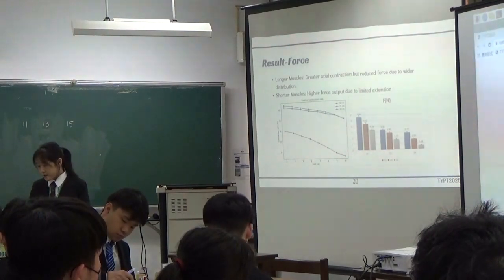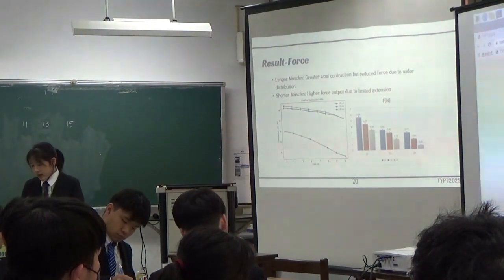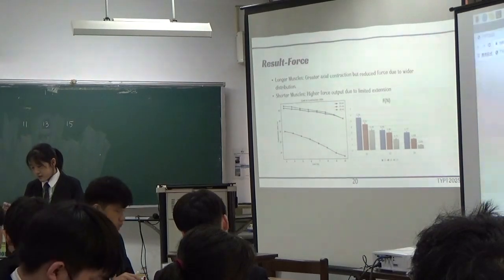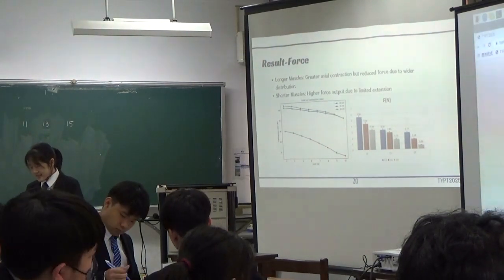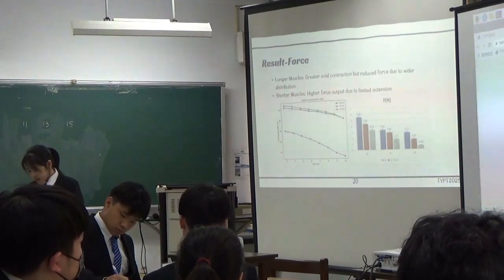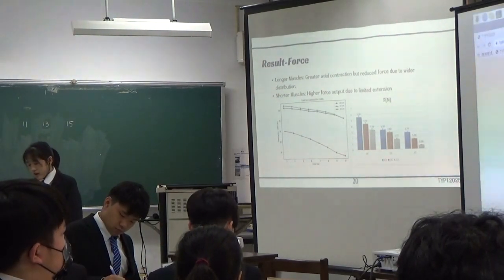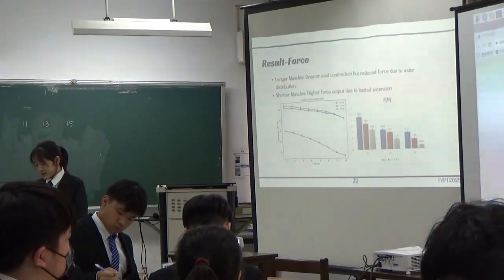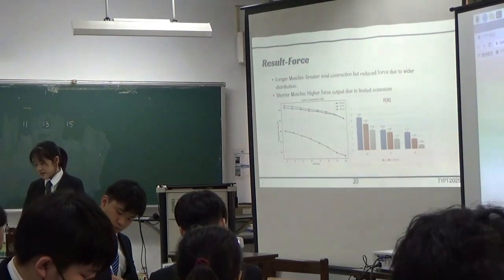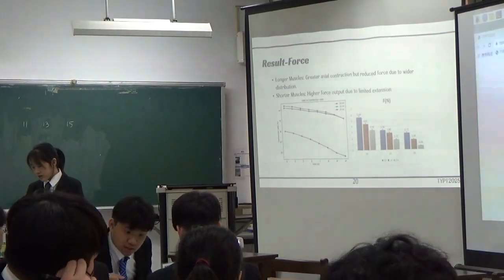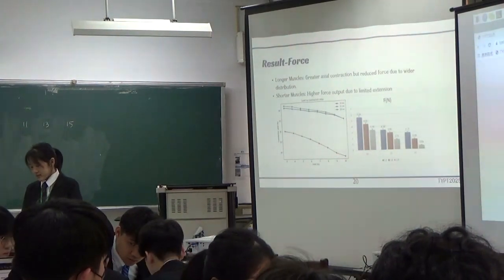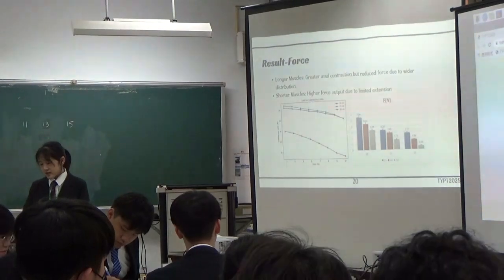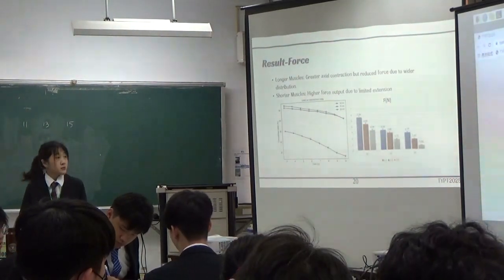And by comparing these two, you can see that the force is influenced by its initial length. Longer muscles experience greater axial contraction due to their increased length, but the force is distributed over a longer deformable section, leading to a reduction in overall force output.